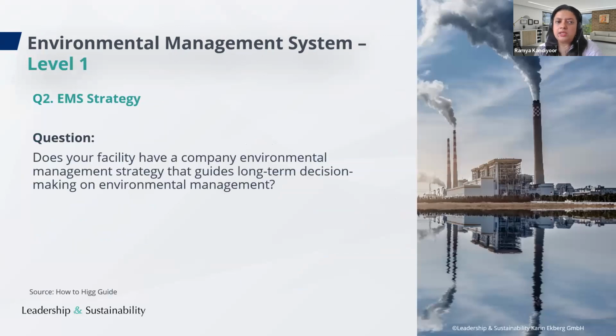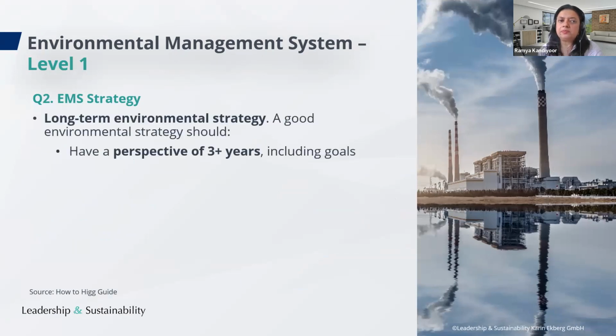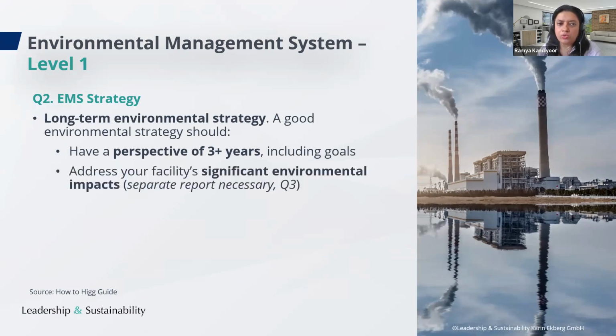The next question is on EMS strategy. Here, the question is, does your facility have a company environmental strategy that guides long-term decision-making on environmental management? And ideally, a good long-term strategy should be at least 3+ years into the future, and it should include goals.